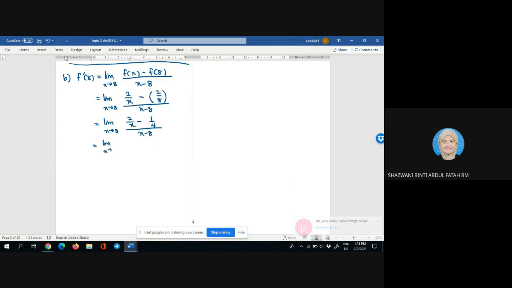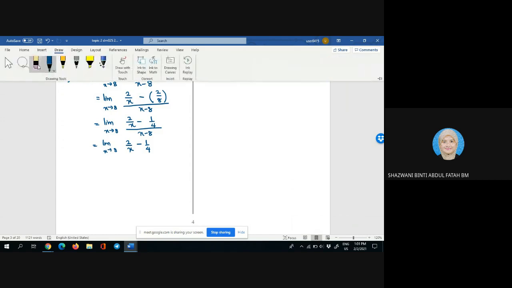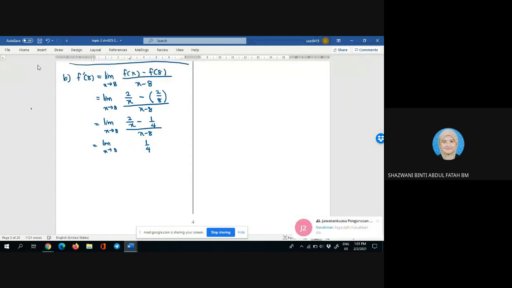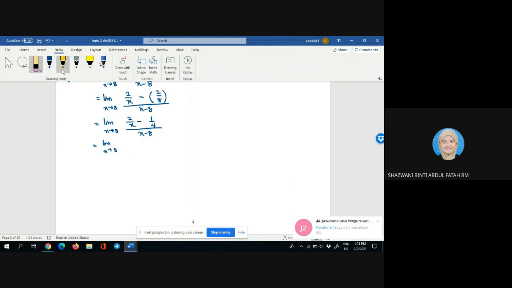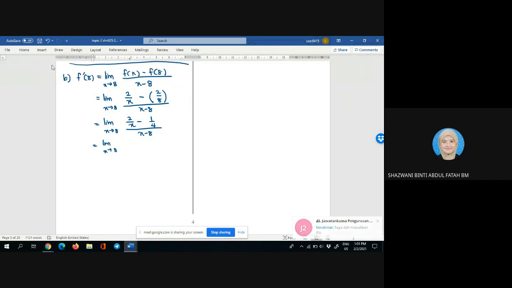Alright, so for the numerator kan kita tengok dia punya denominator tu different, tak sama, so tak boleh nak tolak.